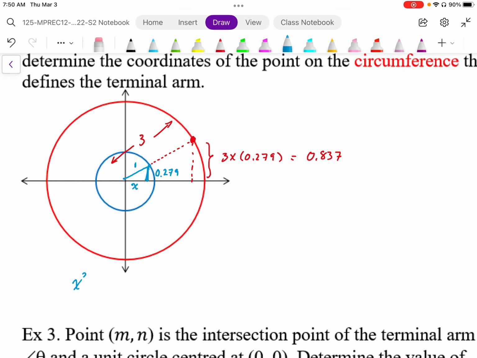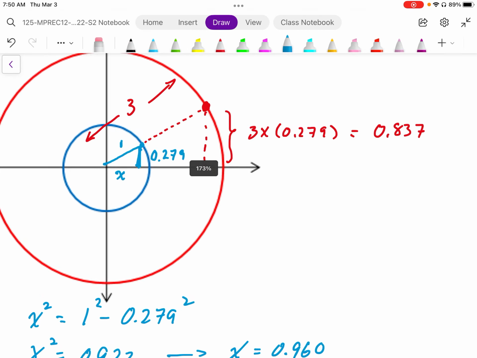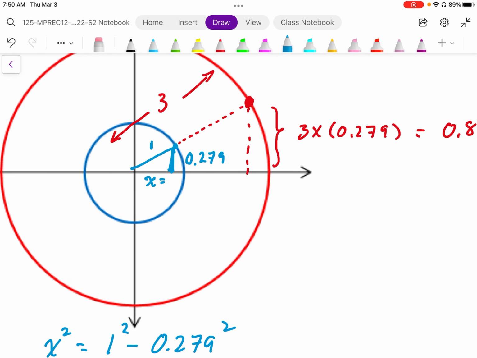We know that x squared is equal to 1 squared minus 0.279 squared, and we get x is equal to 0.9, I think it is 0.922. That allows us to solve for x, and the x value is 0.960.